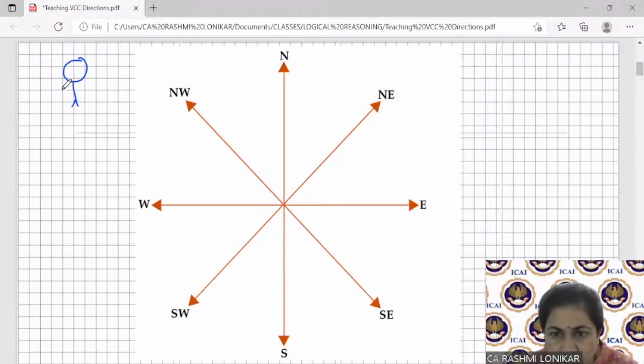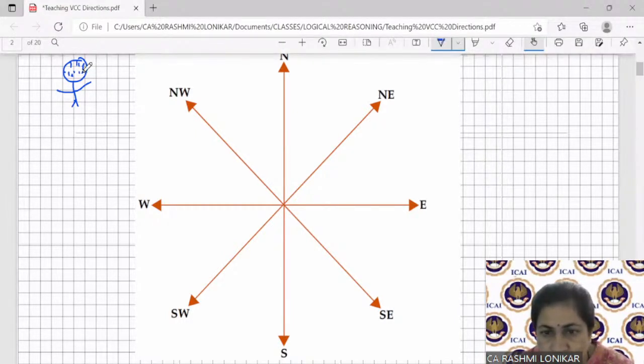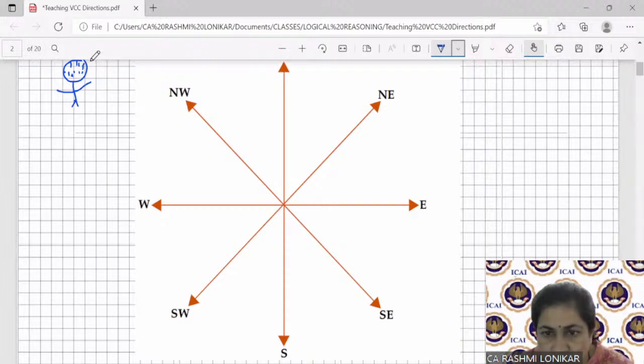And this is your back. Okay, this is your back. You have your hair on your head. In that case, what happens? You are facing north. Then this is your left arm and this is your right arm. So in that case, your left arm is in the west direction and your right arm is towards the east direction.